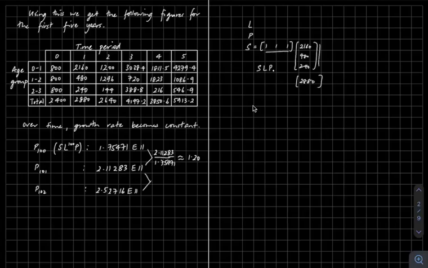And if I do the same thing for this one here, so take the larger one, or the second one rather, divide it by the one before it, which was 2.11283. Alright, so what that's suggesting to me is when I get certainly this far down the track, that growth rate seems to have leveled out.